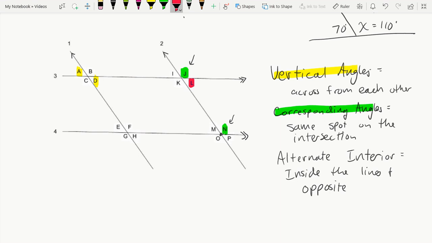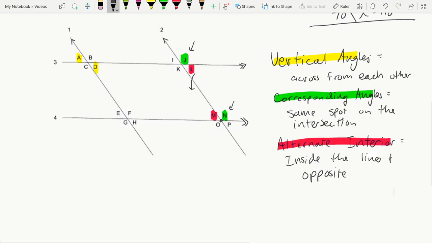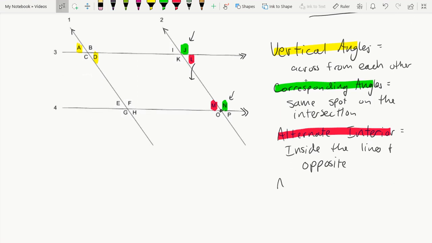It's between, right? So it's between those two. That's a weird line. I'm going to erase that. So I think about what else is inside, but now I have to go opposite. I have to cross over this middle line, but then stay inside, which means M is my alternate interior.